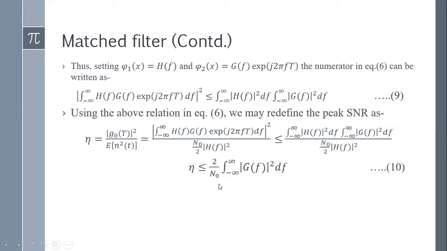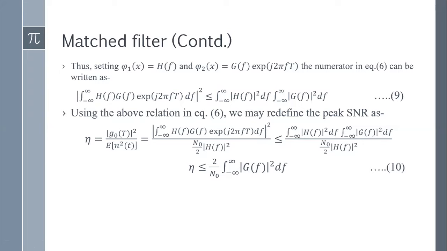Okay. So if we see the signal to noise ratio very carefully, we see that it only depends on the signal component, not on the impulse response H(f). But since I have used this inequality, it has a condition, and the condition is that H(f) should be the conjugate of the signal component, since phi 1(x) is equal to k times the conjugate of phi 2(x).